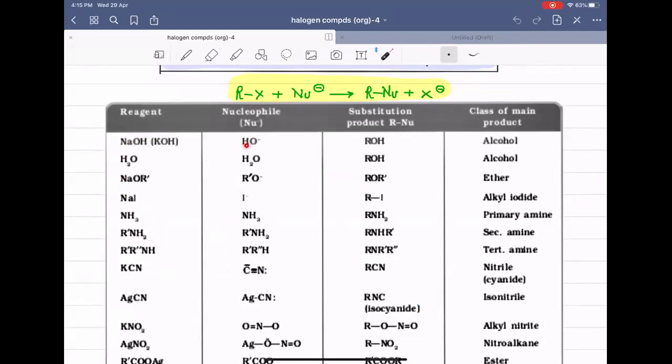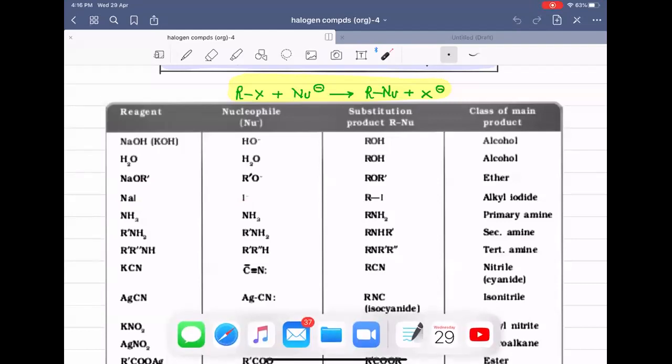For example, the source of OH minus is NaOH, or the nucleophile H2O is again water. This is neutral. In sodium alkoxide, the nucleophile is RO minus. In NaI, the nucleophile is I minus. So we would go through all these nucleophiles one by one. I'm just going to show you how this works.